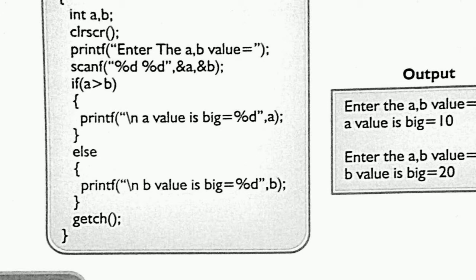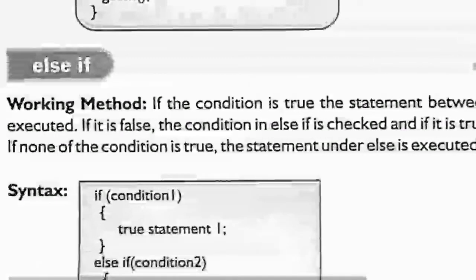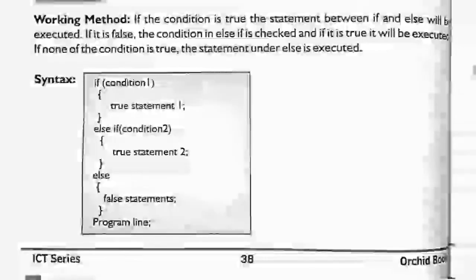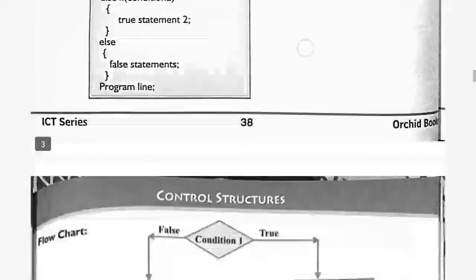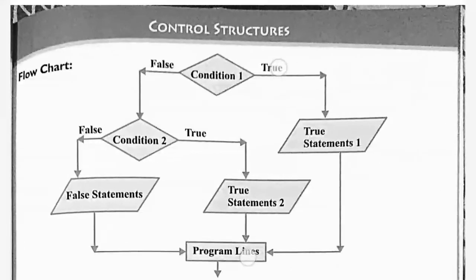Okay, so in the next, here you can see if, else if, then else. In the else part there is a condition here. We'll see the flowchart here. So this is a flowchart.